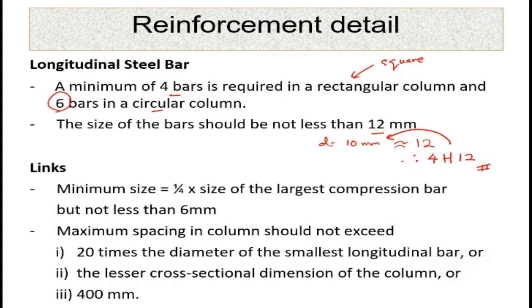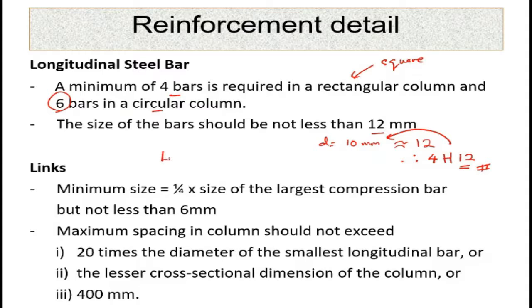Okay. Then for link, remember, surrounding the reinforcement bar, we have link, right? So how to get the size of link? Okay, size of link is quarter of size of rebar. For example, you get the size of rebar is 12.